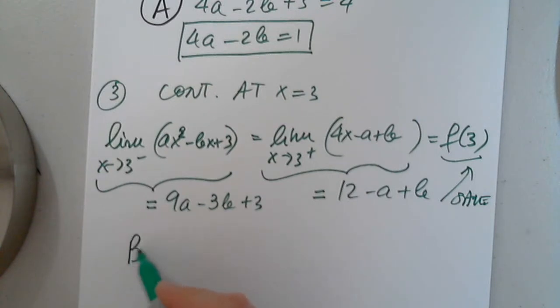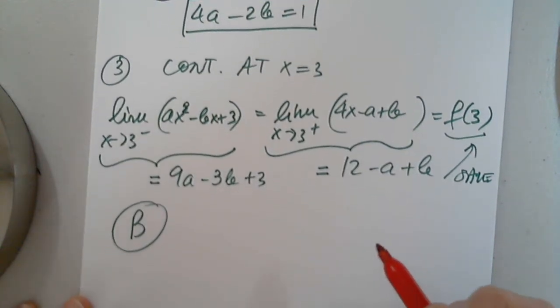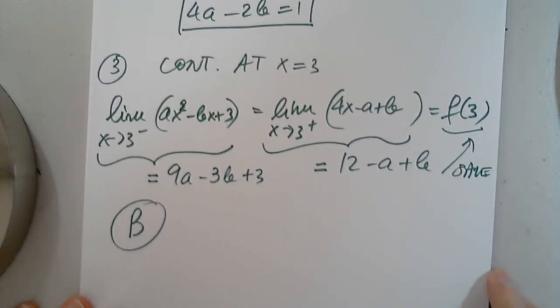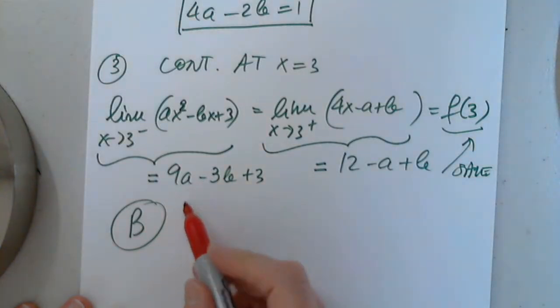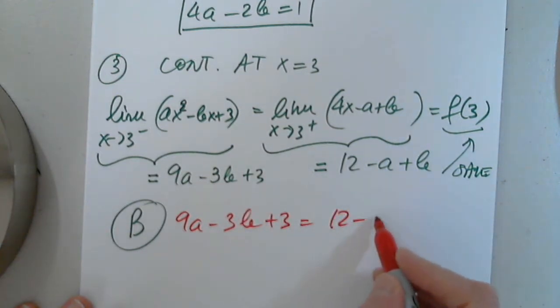Good. So now this is my equation b. Can anyone tell us what equation b will consist of? It would be 9a minus 3b plus 3 equals 12 minus a plus b.